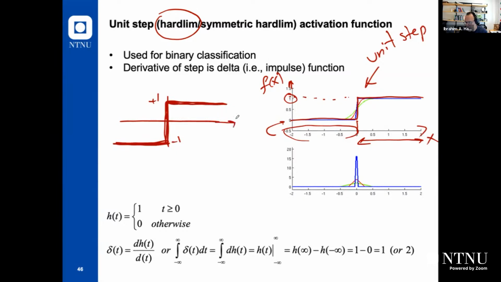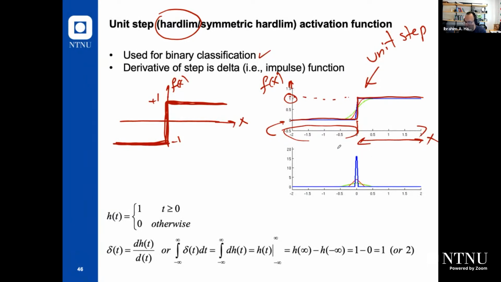The input here will be x, and the output will be f of x. So it will convert all positive numbers into +1, and it will convert all negative numbers into -1. So it has this kind of squashing impact. It is used for binary classification, and the derivative of this unit step is delta, which is the impulse. The first derivative of this function will be the impulse function.